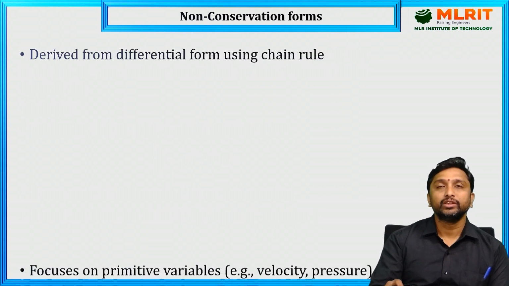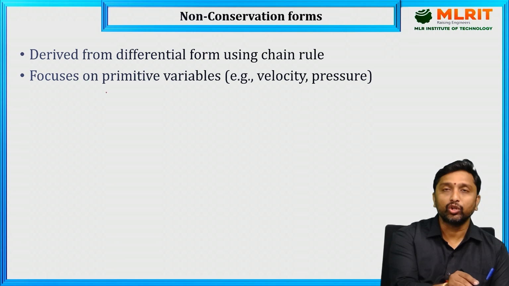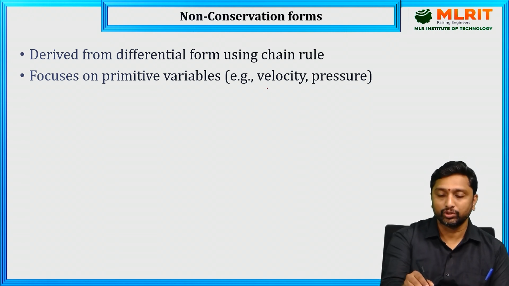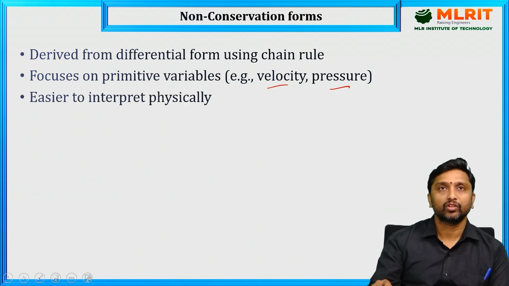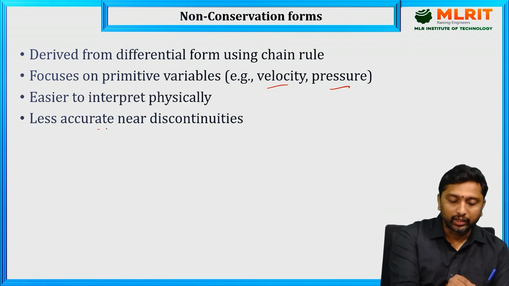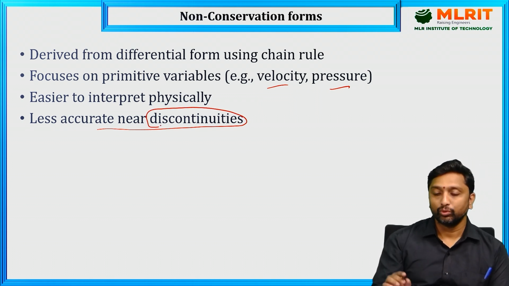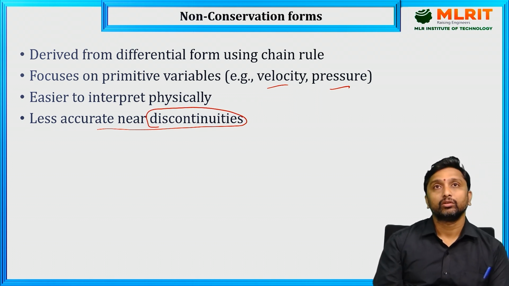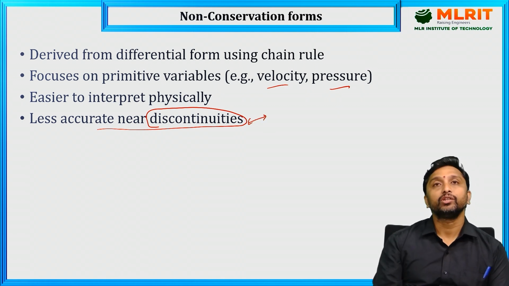Now, these are derived using the chain rule and focus mostly on primitive variables like velocity and pressure. So they are interpreted physically, and these are less accurate when there are discontinuities in the flow, when compared to the conservation form, which is suitable even for discontinuous flows.